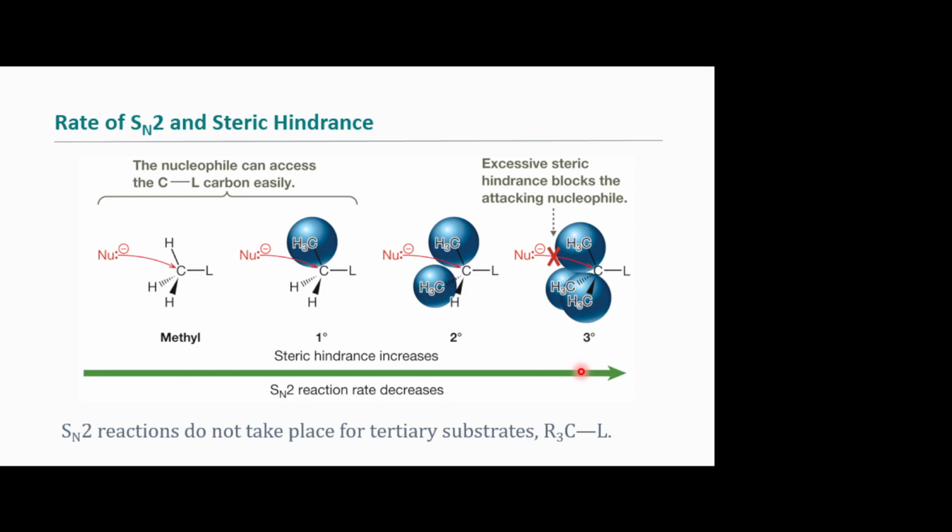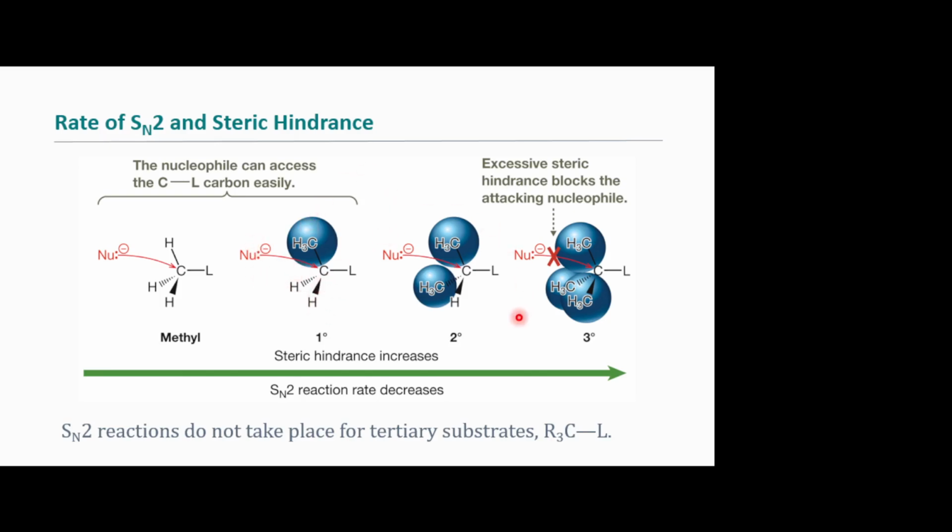Now, the rate of your SN2 and your steric hindrance, this is actually what that looks like. Here you have the methyl being attacked, and you have free access to it. Essentially, you just have these little hydrogens blocking, and they don't do much. The methyl is going to take up space, a big area of space, and it would actually reject stuff. Remember, it has a slightly negative charge to it, so you'd have to attack from one of these other areas.